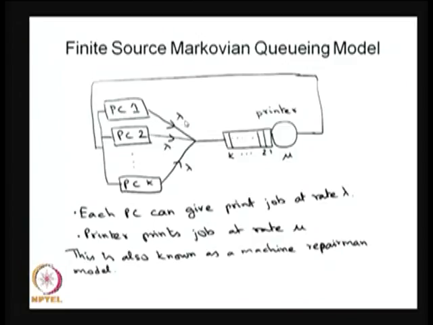and once the print jobs come into the printer, they will wait for the print, and the time taken for each print is also exponentially distributed with parameter mu. And here there is another assumption: before the first print is over, the same PC cannot give another print command.